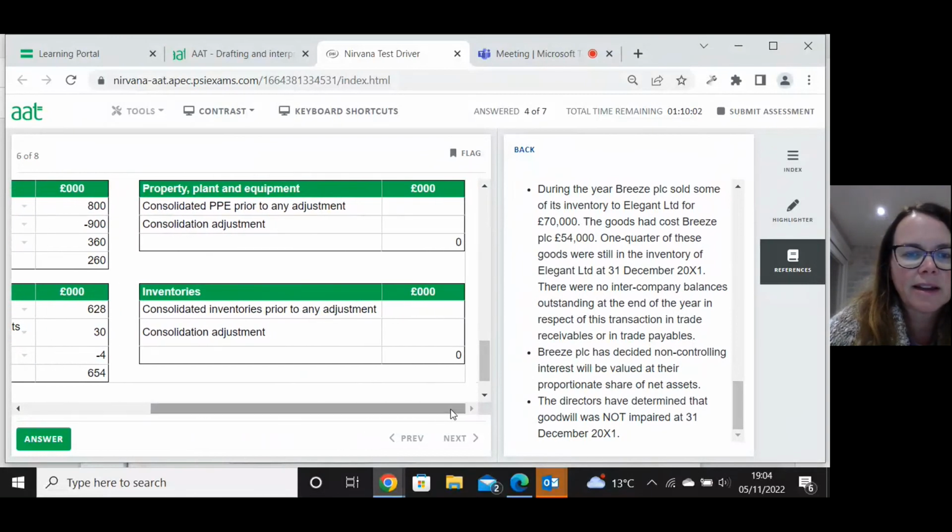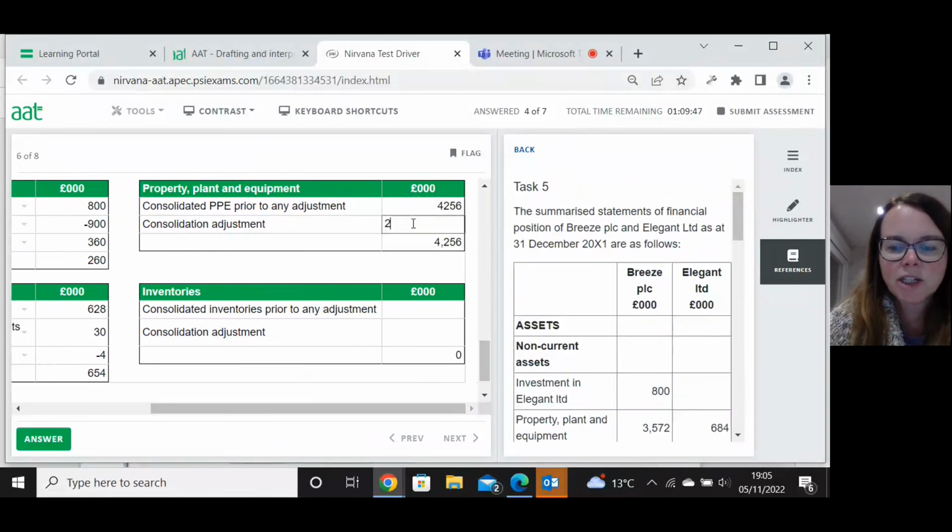There's another couple of workings here, so let's just fill them in for good measure as well. So the consolidated PPE prior to adjustment, I don't know if you remember, but it was 4256, and then we added on that 200 for the fair value adjustment. And then the consolidated inventories prior to any adjustment, we had 598, and we have subtracted 4.